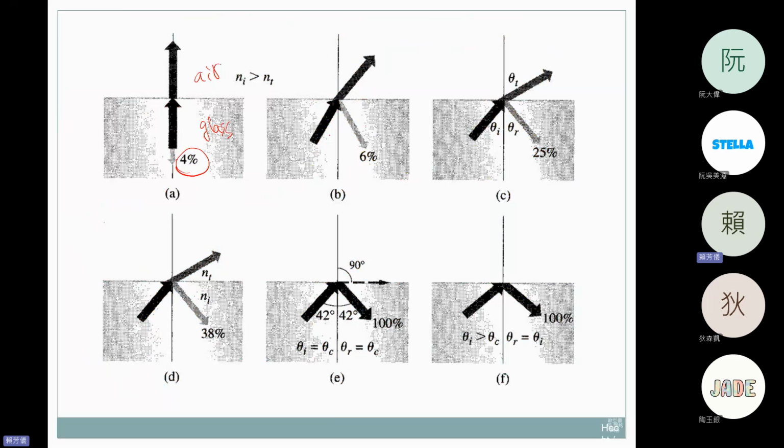But if we increase the incident angle, the reflection angle will increase.